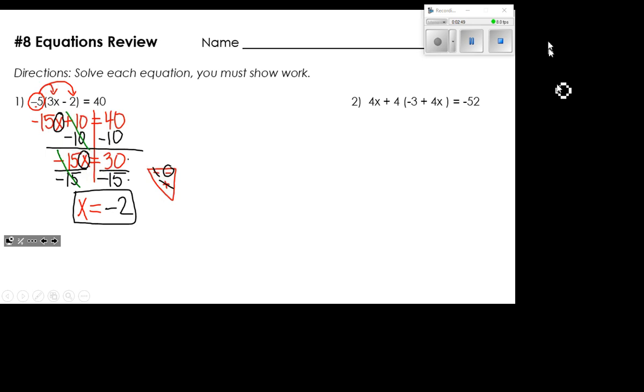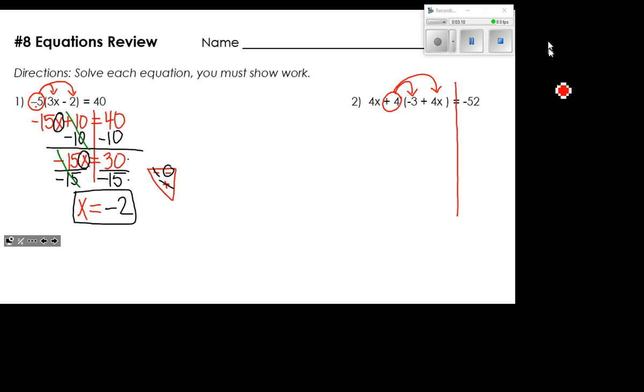For question number 2, we have to distribute again. And I'm going to circle what we're distributing, which is that +4. Don't forget to include the symbol that's in front of the number. And we have to distribute it to, again, everything inside the parentheses.